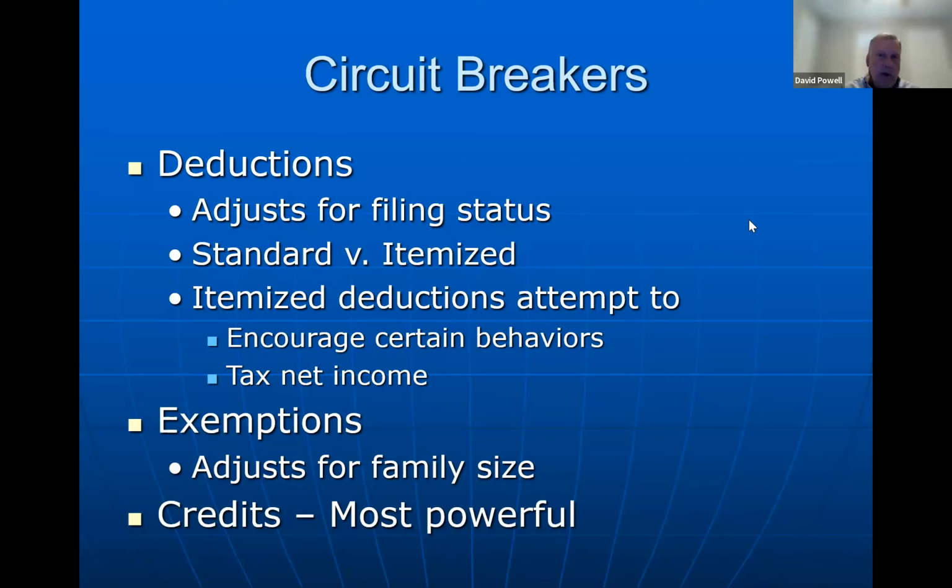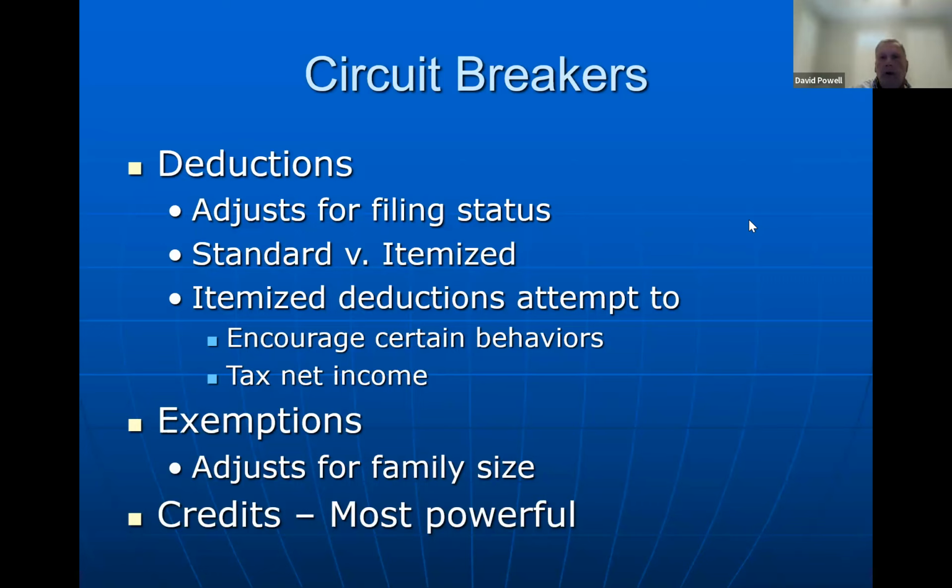So deductions are very powerful tools to reduce your overall tax burden, but tax credits are even more powerful. The reason for that is where tax credits are applied in the tax paying process as compared to where deductions are applied. Deductions are subtracted from your adjusted gross income. They are subtracted from your income before you calculate your tax liability.